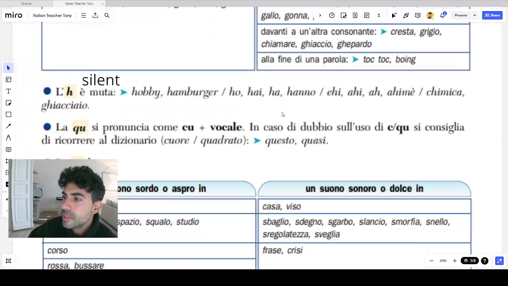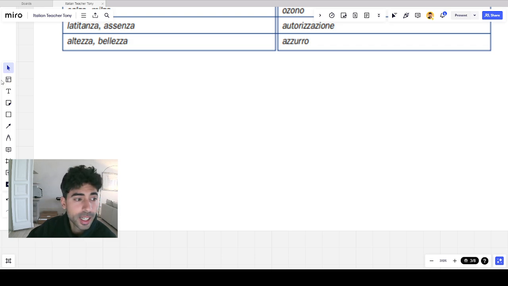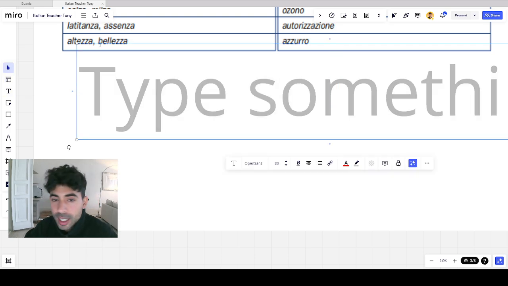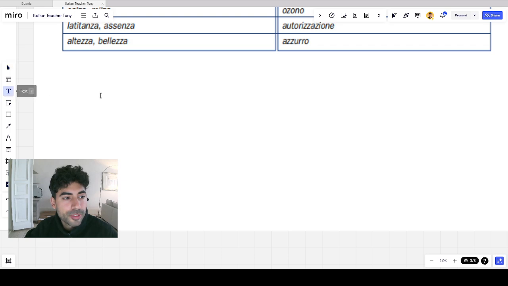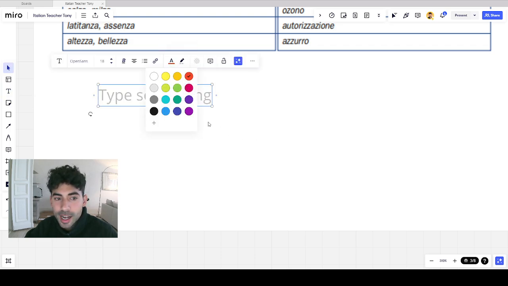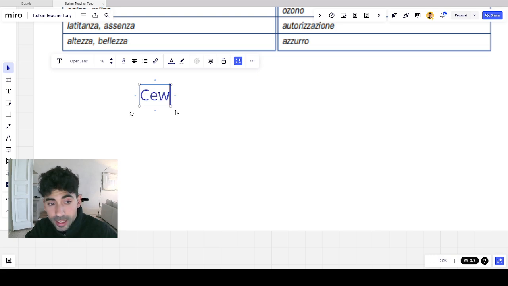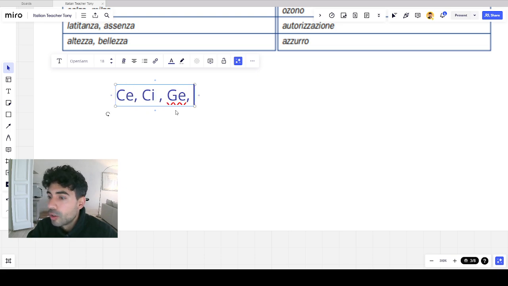Now, I want to show you one trick, and this is actually very useful in Italian. Let me reduce the font and change it to blue. If we want to make the sound, this is ce or ci, or we can also say ge or gi.